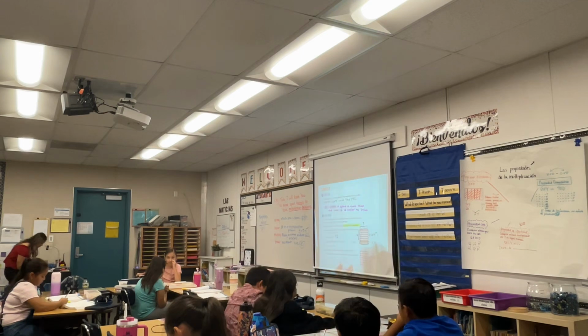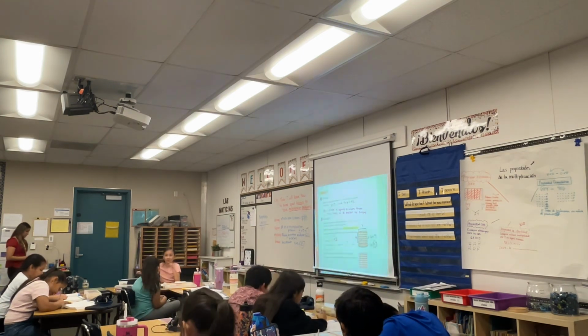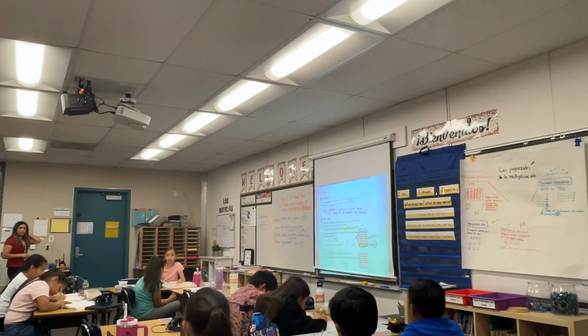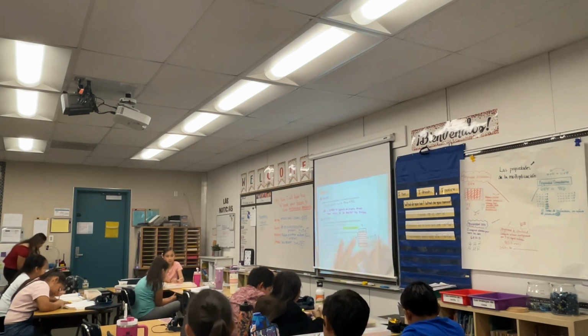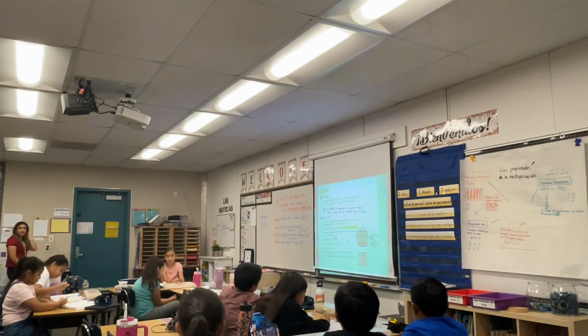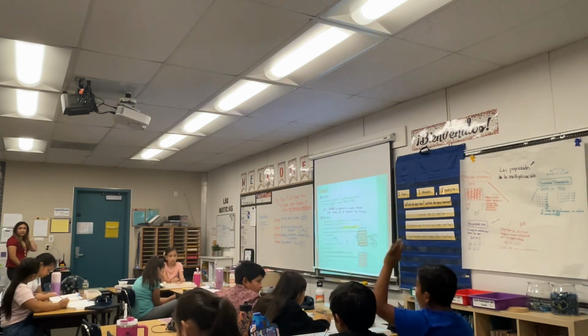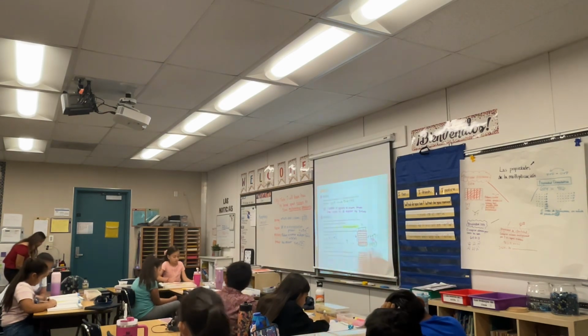Good job. So there are 7 more. So if we know 6 times 7 is 42, and we know 1 times 7 is 7, what is 42 plus 7?